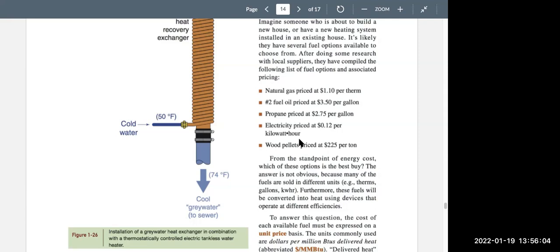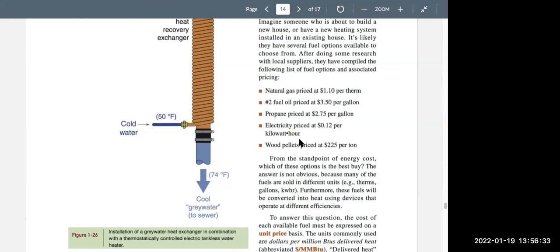And I would say the prices that they have in this textbook go back and forth, but they're good to give you an example of how to do a cost benefit ratio to find out which fuel is going to be the best for me. Should I use wood? Should I use electricity? And then what else can I do?